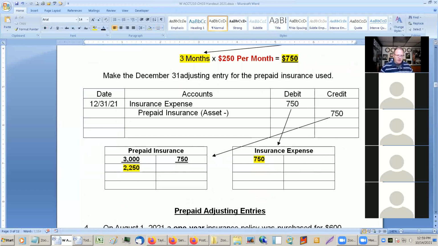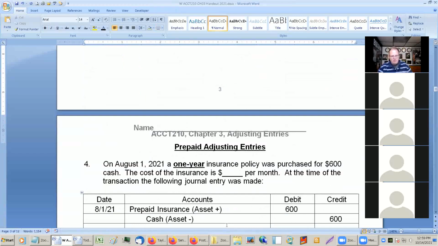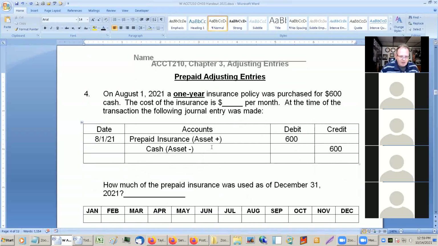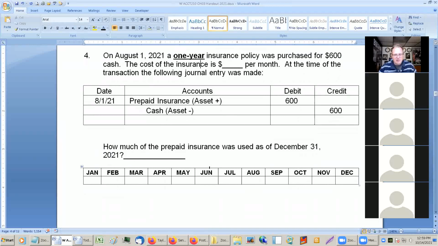Okay, number 4. Number 4, you get no help. You have to figure out how much it is per month, and then figure out how many months it's for, and make the adjustment. So I'm going to be quiet for a little bit and see if you can figure out number 4 on your own.